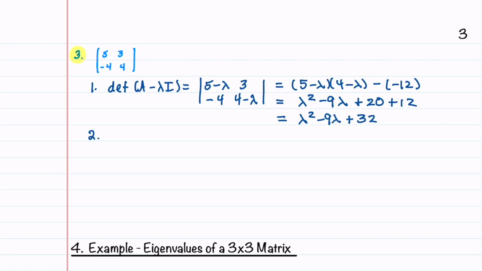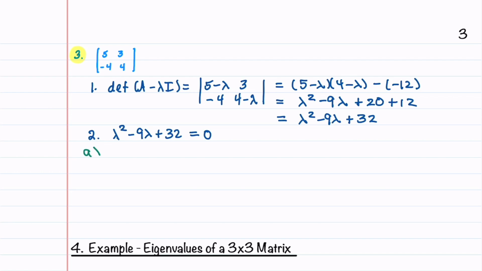In our second step, we're going to take what we just got, lambda squared minus 9 lambda plus 32, and we set it equal to 0. If you stare at this quadratic, you can soon see that there's no way that we can factor it without using the quadratic formula. Let me write down the quadratic formula in case you've forgotten it.